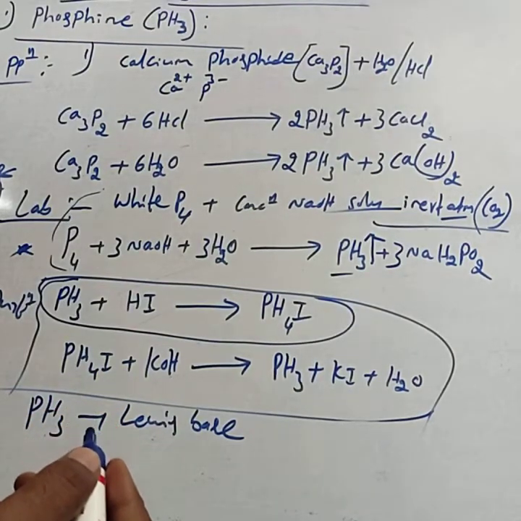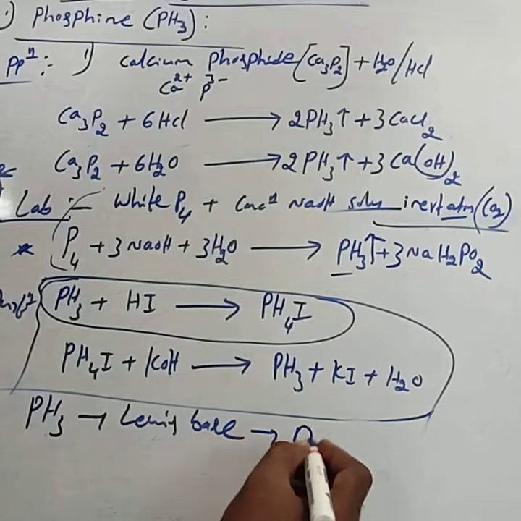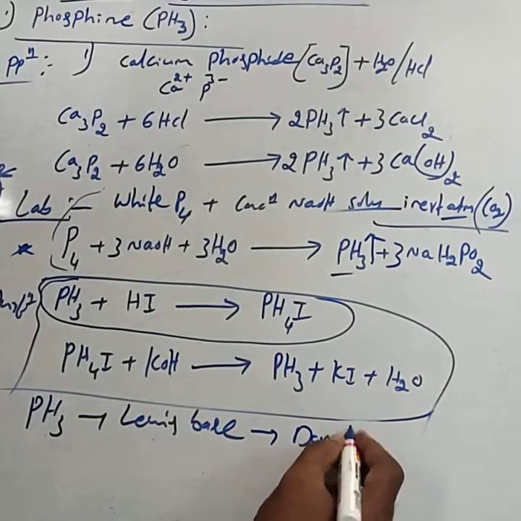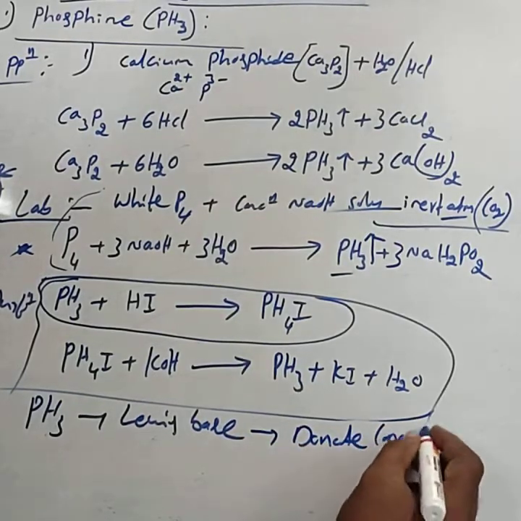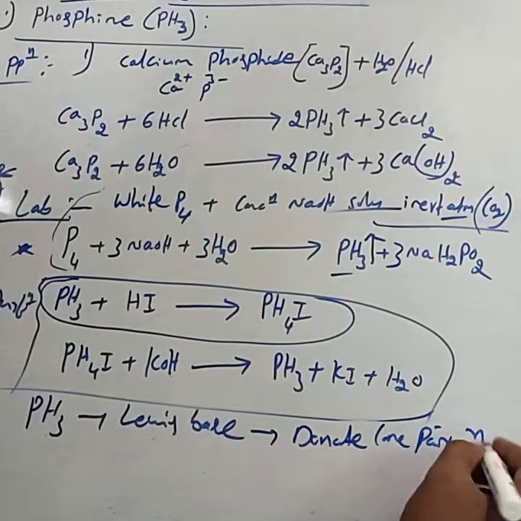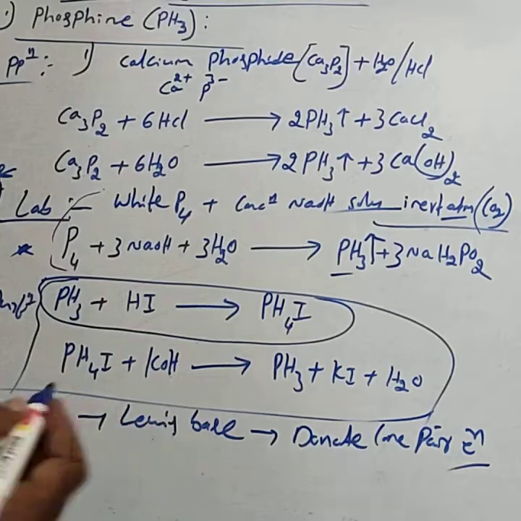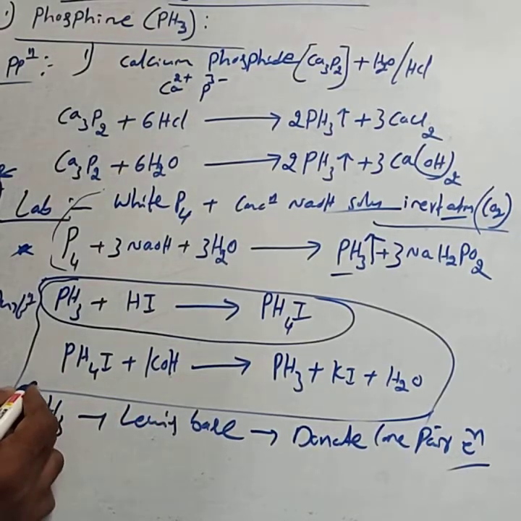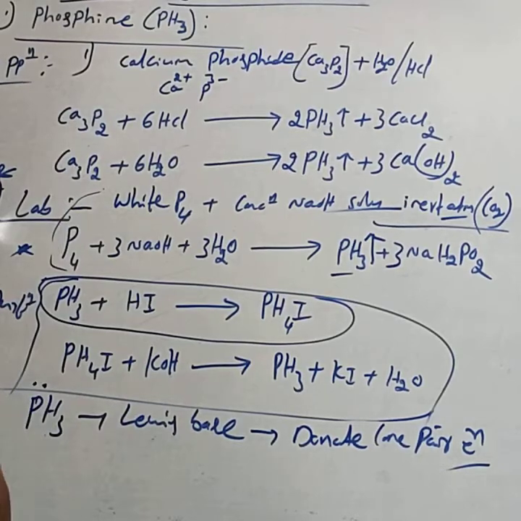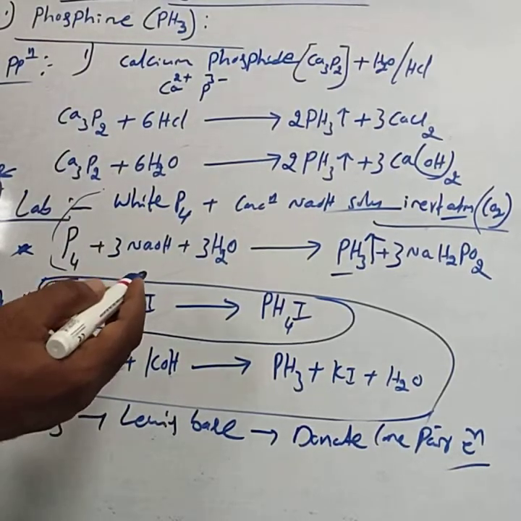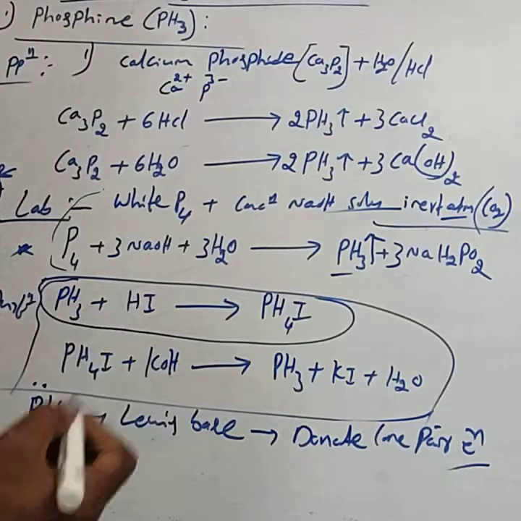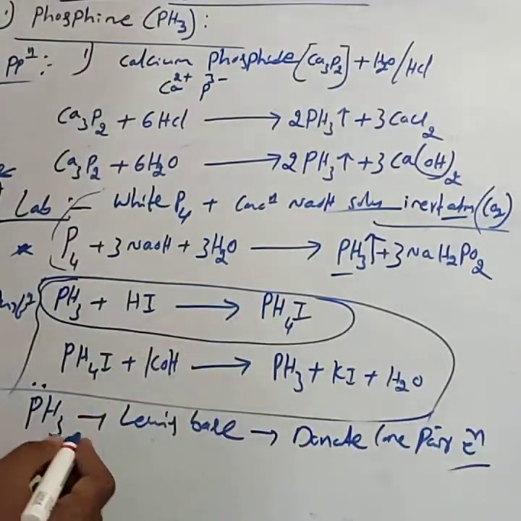The Lewis base definition: species which donate a lone pair of electrons are called Lewis bases. In phosphine, the phosphorus atom contains one lone pair of electrons. Hence it can donate to the HI to form phosphonium iodide.